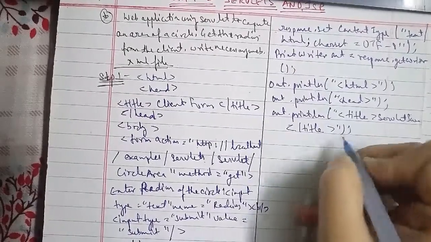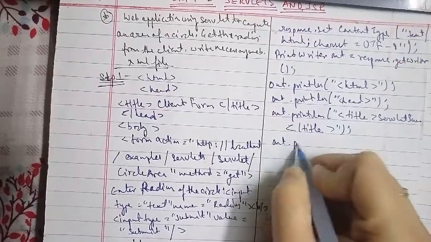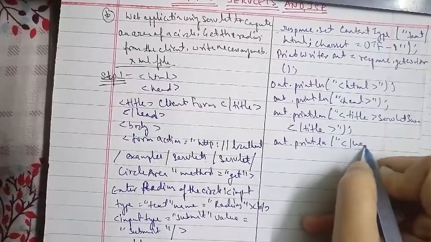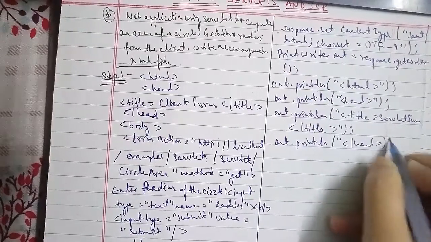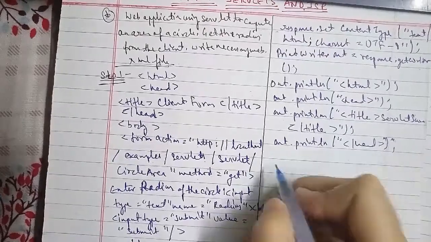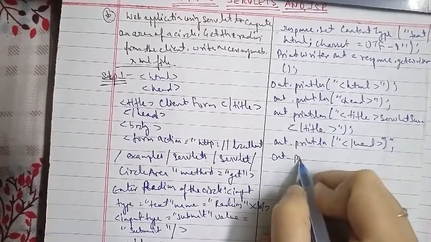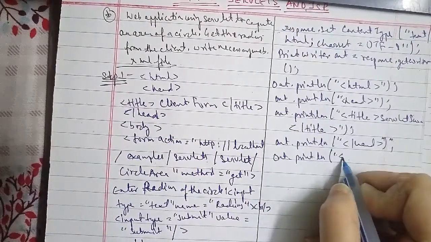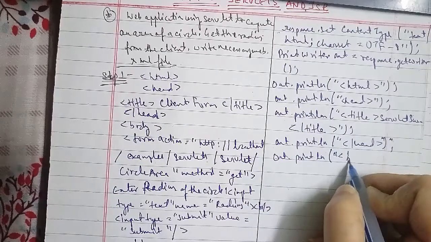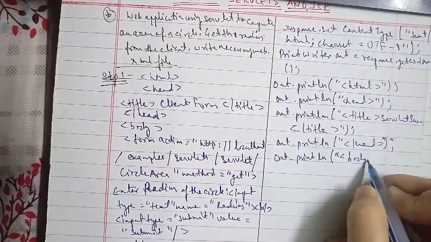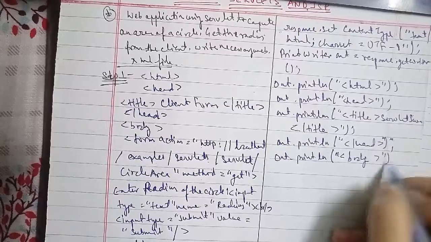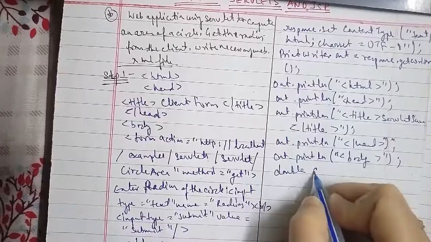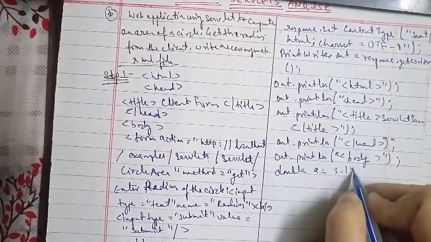Then here pi equals 3.14, or a is the area, r is the radius. Now with regard to it, we'll be printing it out another way, that is out.println the area of circle is plus a, then out.println that is the body tag close.